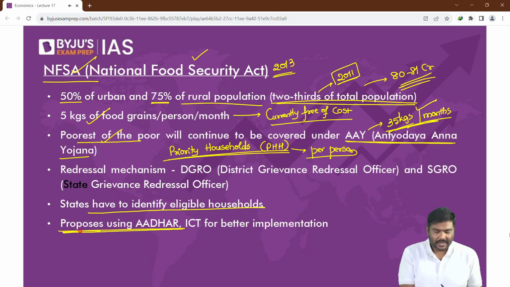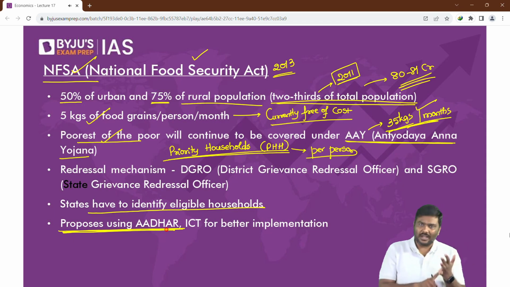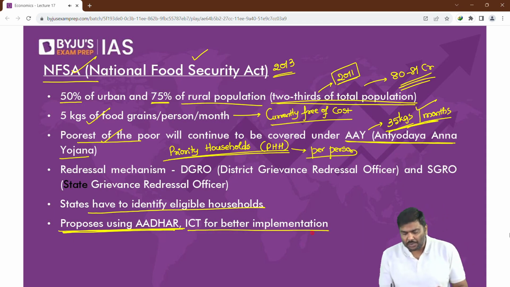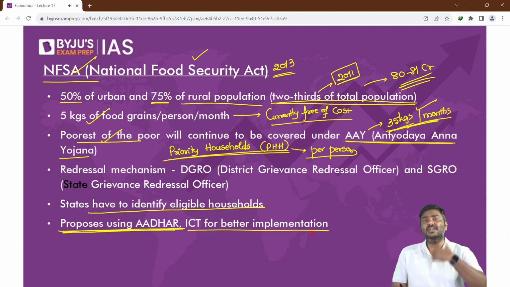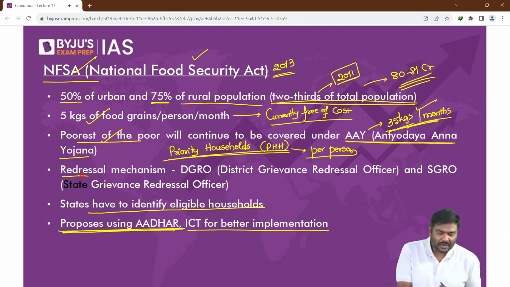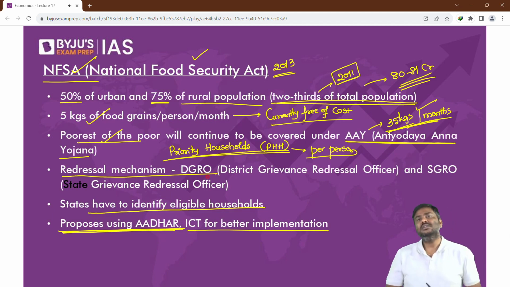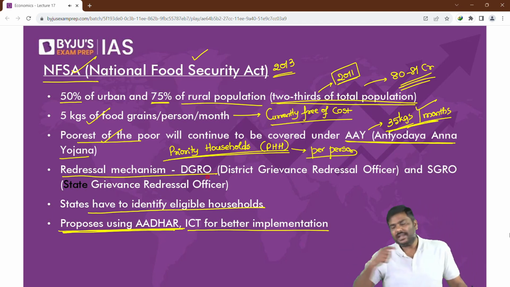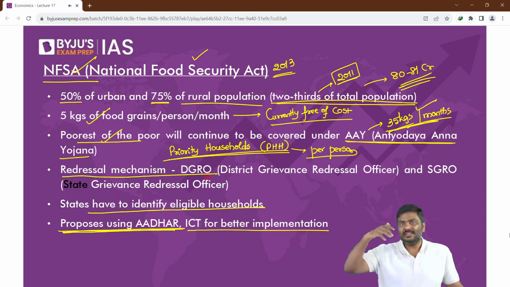Now, under NFSA, it also proposes utilization of Aadhaar. It proposes utilization of ICT, information communication technology, etc. All these are basically the points. Apart from this, there is a grievance redressal mechanism.